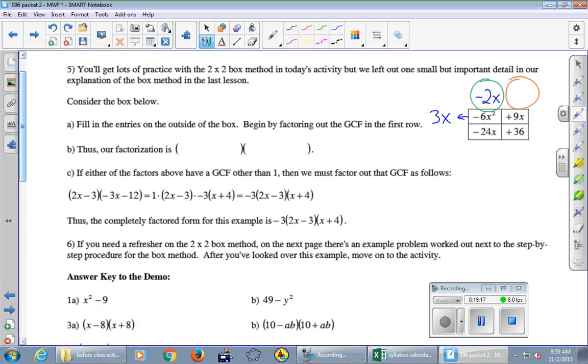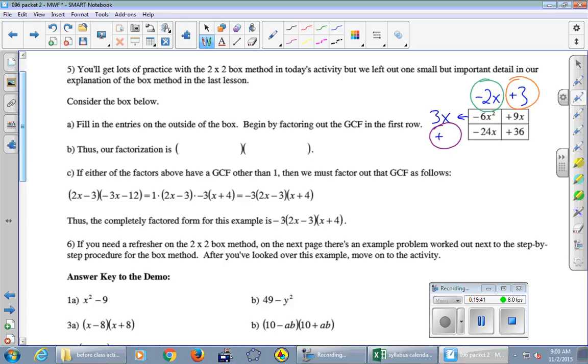3x times that orange is supposed to give me the positive 9x. What goes in the circle? Not just 3, but plus 3 is good. And then finally, this circle down here, we can't look at the 3x anymore. Look at the negative 2x times that purple is supposed to be the minus 24x. What is it?